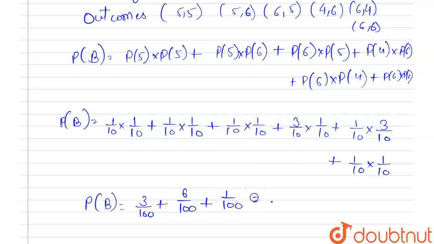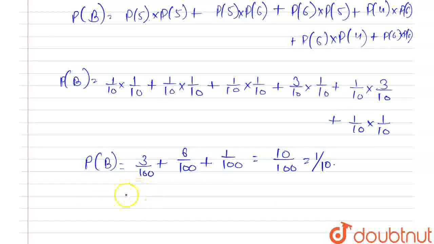So probability of B equals 10 by 100, that is 1 by 10. So probability of B equals 1 by 10 and probability of A equals 1 by 5. Now we have to find whether they are independent or dependent.